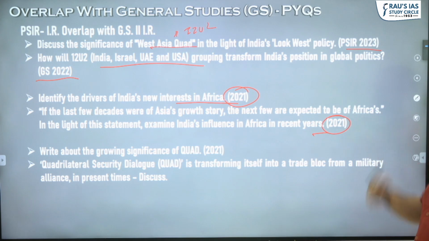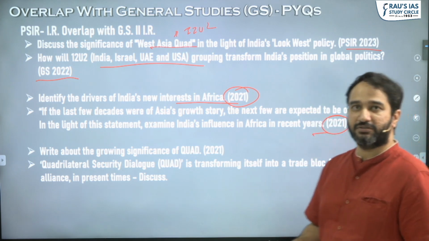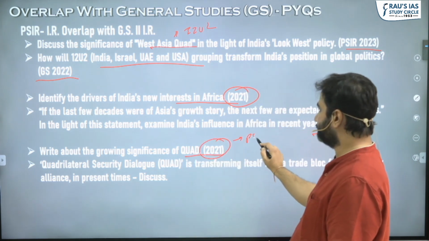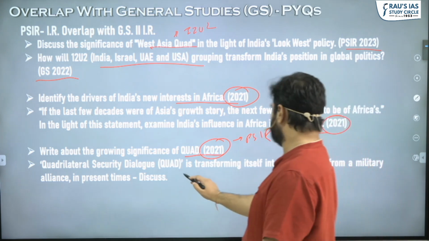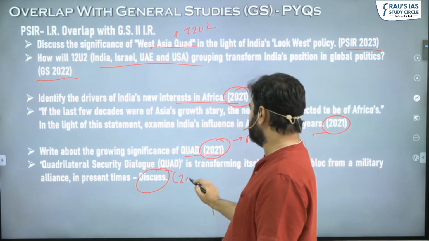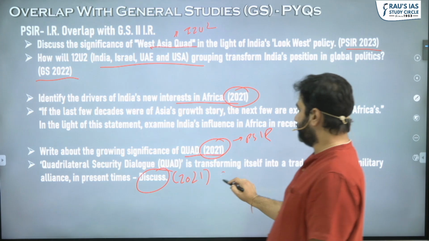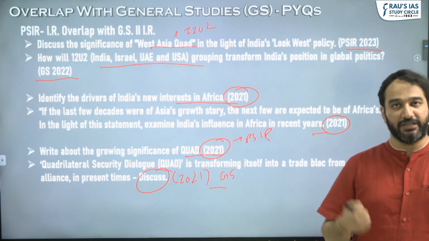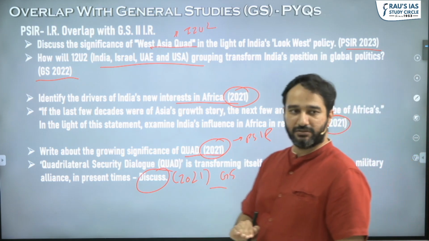This one in PSIR, first one in PSIR and the second one in GS. Quad 2021 PSIR. Quad same year 2021 GS. Exactly the same. Same thing that you find in polity, you'll find in IR.